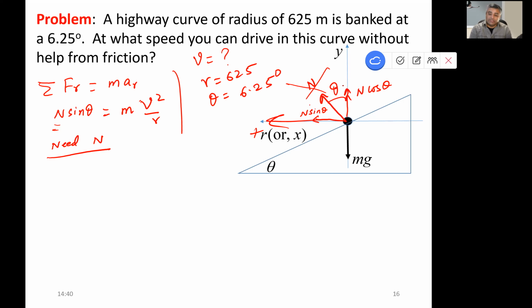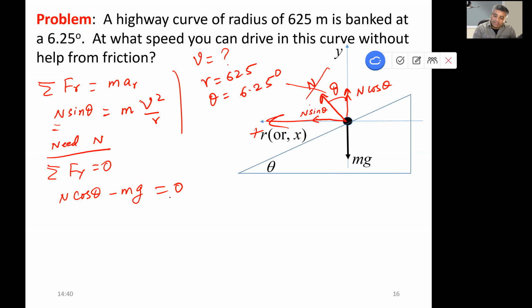So for that, we go to the vertical component, and along the vertical direction, it's not accelerating. That means N cosine theta minus mg is 0.